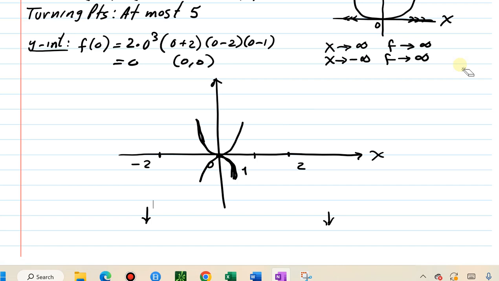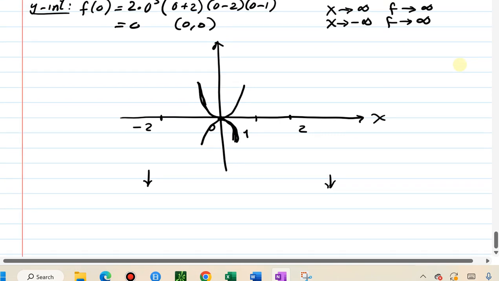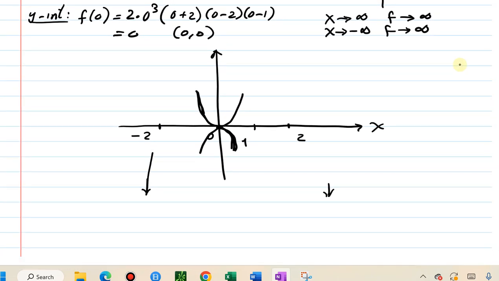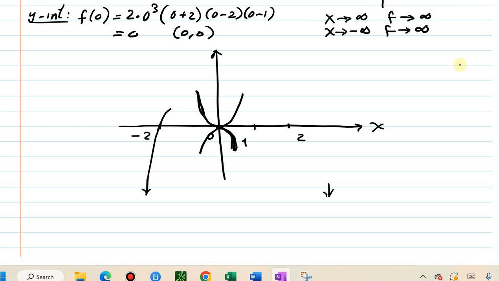The others have multiplicity of 1. This one, this one, this one. So at these other intercepts, it's just going to cut right through without spending any time. Coming from here, it's going to go through this way. So this rules out this possibility. And then in order to go through this 0, it has to come back. It cannot just keep going like this.